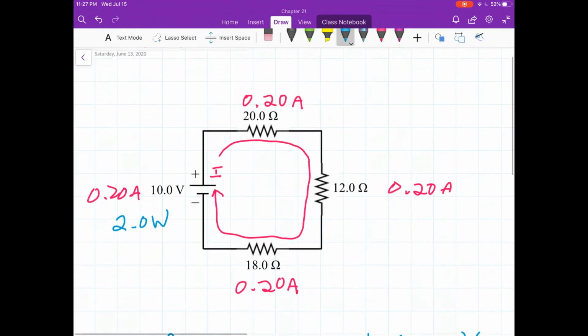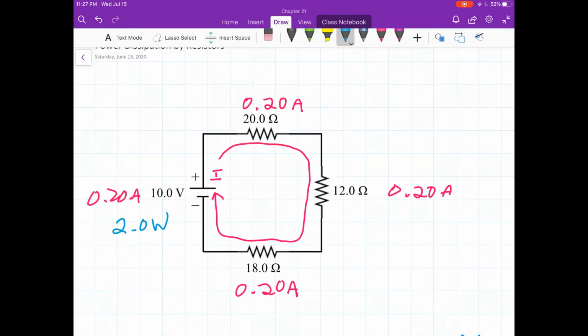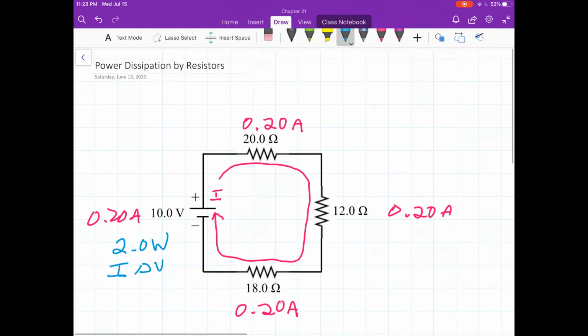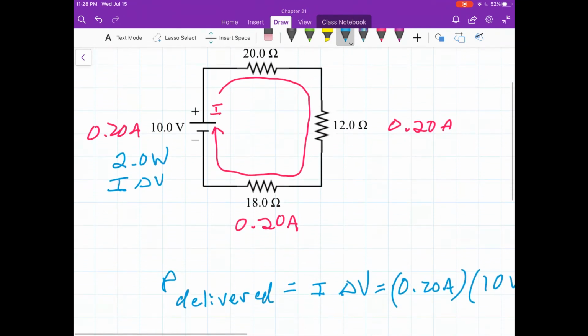Now, as the current flows through, let me write that equation I like to use there. I like to say I delta V, the delta V of the supply. Or sometimes I use the epsilon. So when we use epsilon, there's no doubt that refers to the supply. Delta V here is understood to be the 10 volts of the supply.